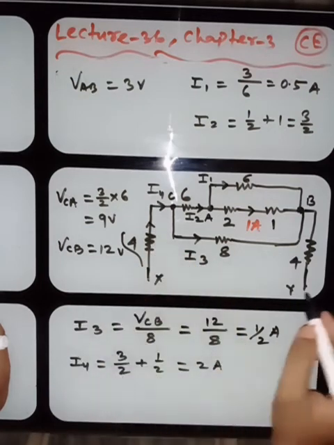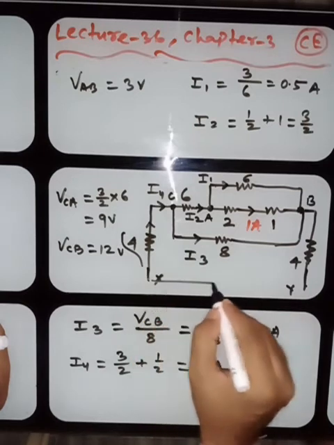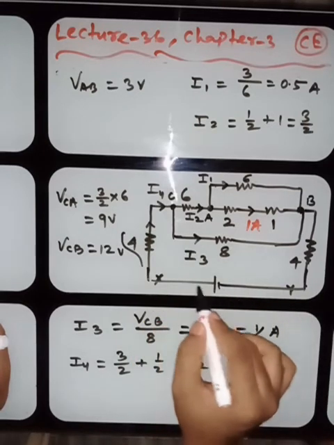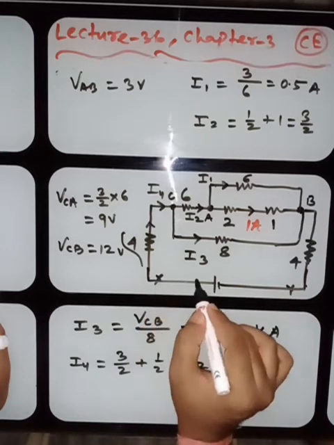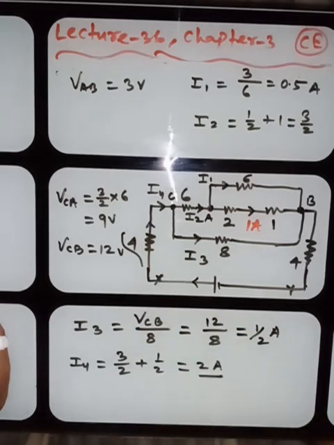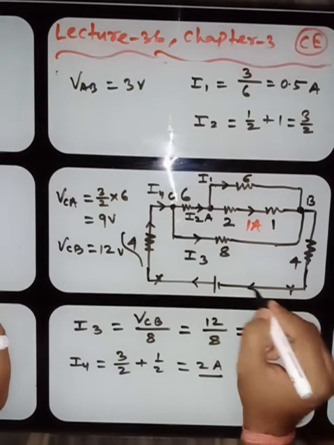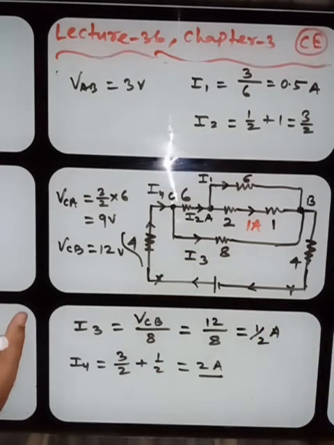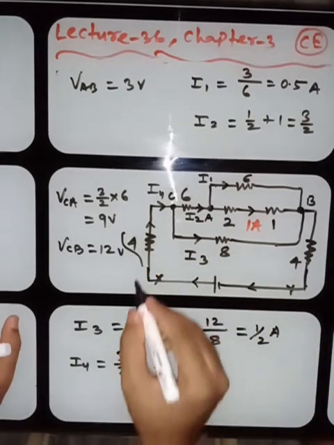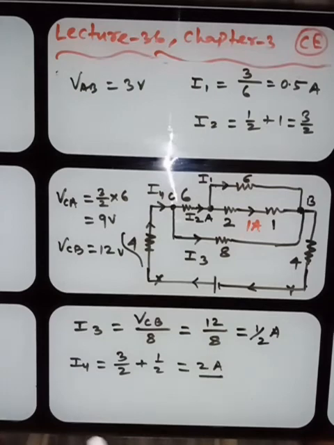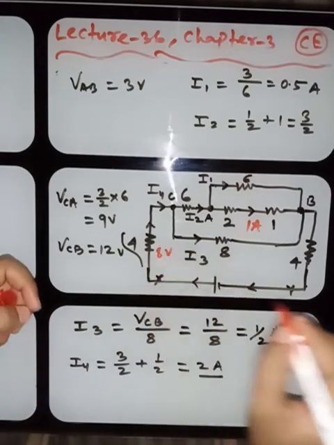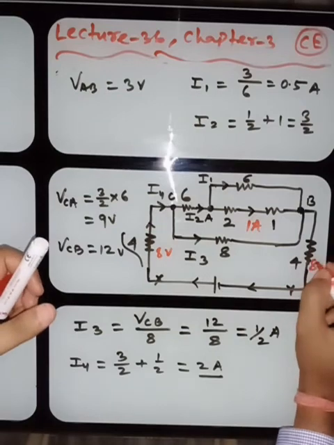If a battery is connected between these 2 terminals and the current given by this cell is 2 ampere, then how much current will it receive? 2 ampere again. And if it is 2 ampere, then what will be the potential across here and here? The 2 ampere will drop 8 volt over here, and here 8 volt.